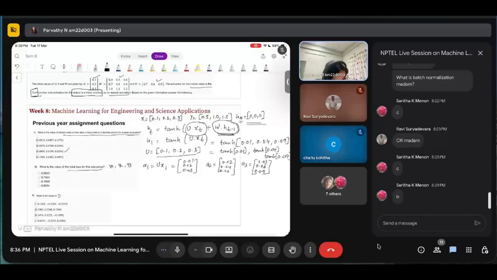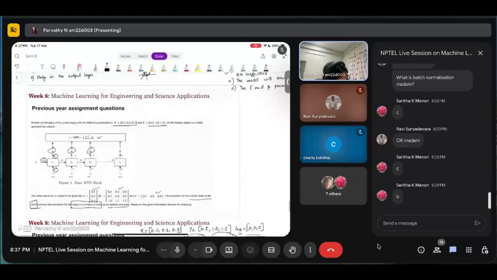So H1 is tanh of A1. So you have to calculate tanh of this. And then H2 is tanh of this. And H3 is tanh of this.